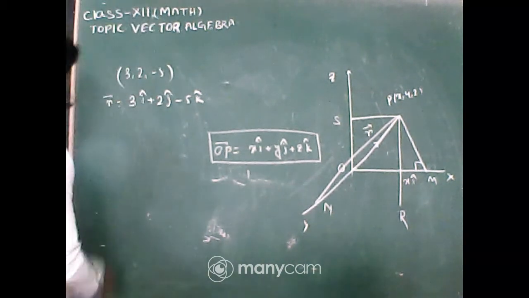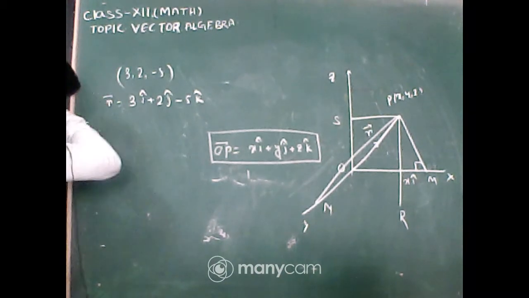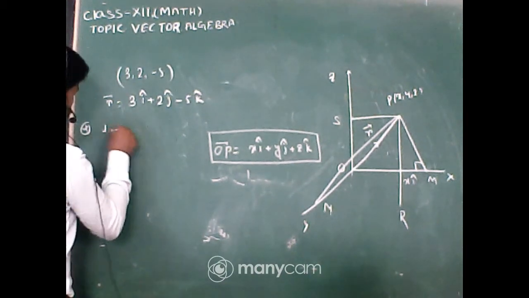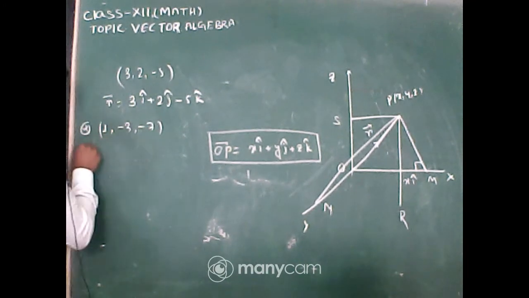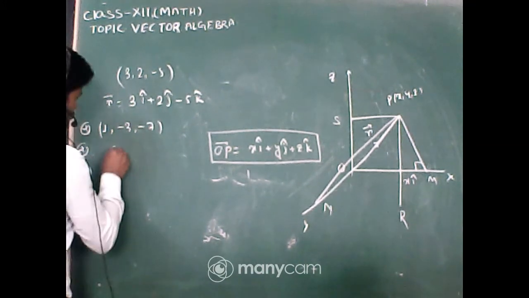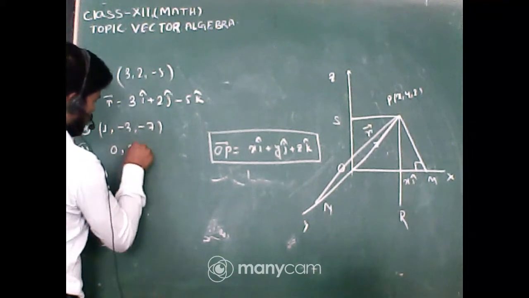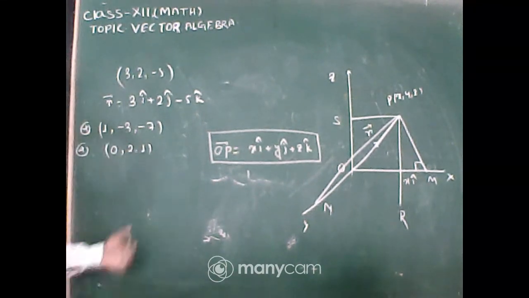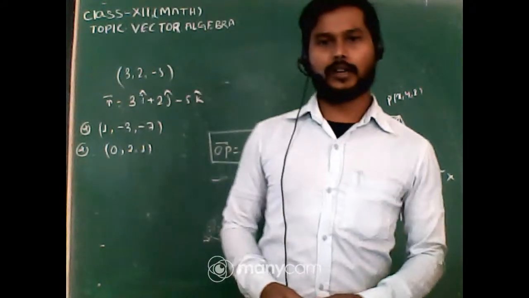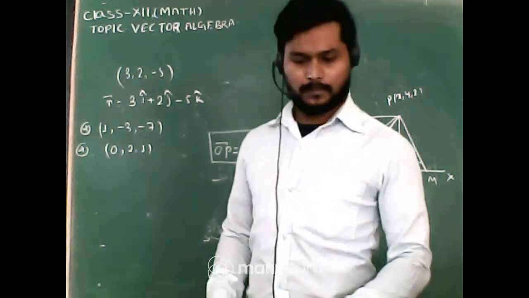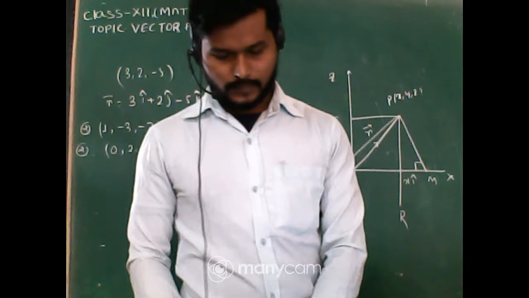Similarly, try to solve this one: try to represent the points 1, -3, -7 and 0, 2, 1 in vector form.